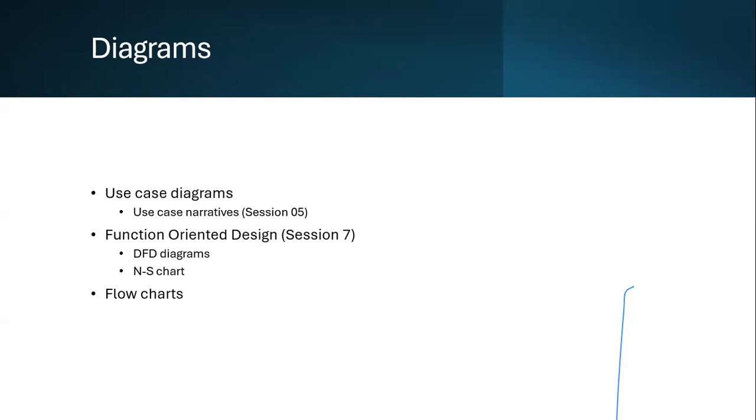So we have use case diagrams and use case narratives. Sometimes you haven't gone through use case narratives, but there could be a possibility, so please go through it, it's in session 5.